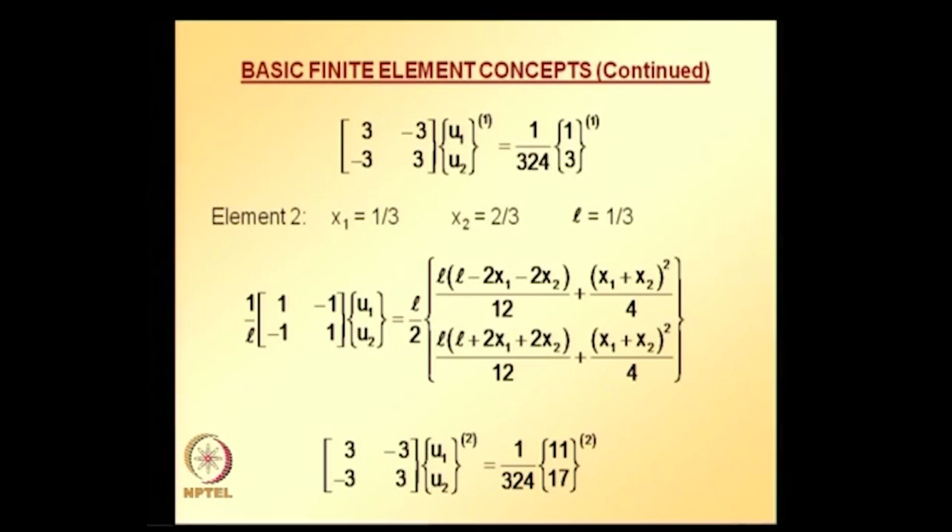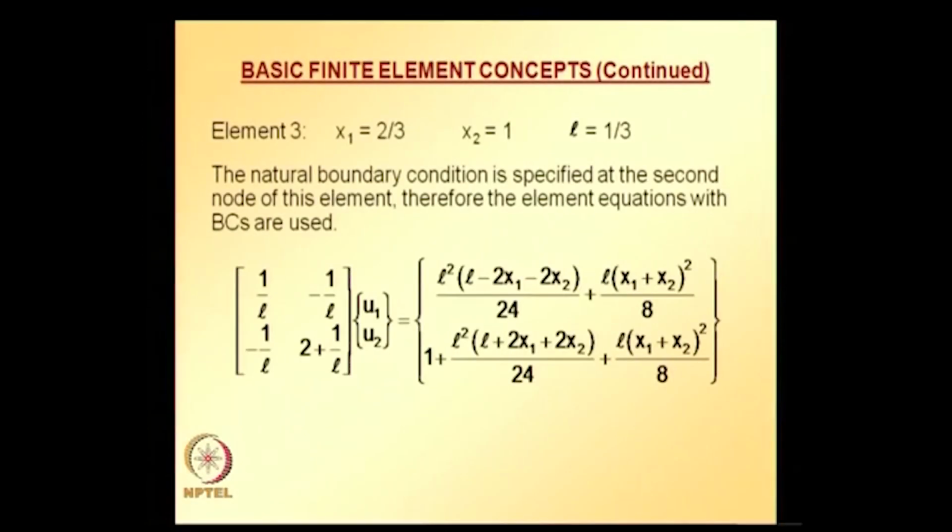And now element 3, the local node 1 coordinate is 2 over 3, local node 2 coordinate is 1. Here for element 3, x is equal to 1 is part of this element. So, we need to use the element equations that we developed with boundary conditions.